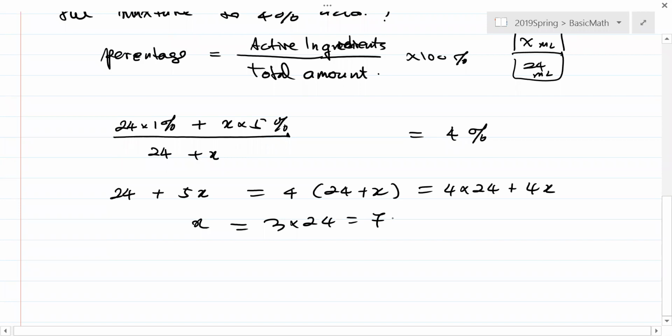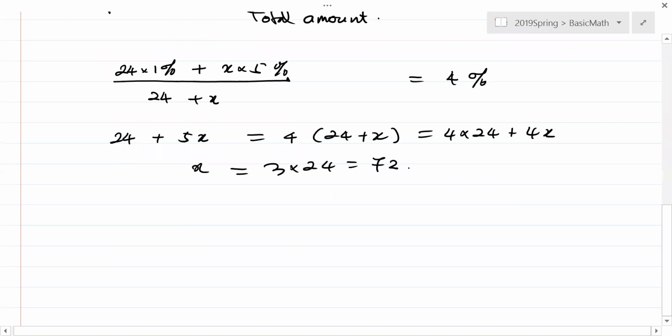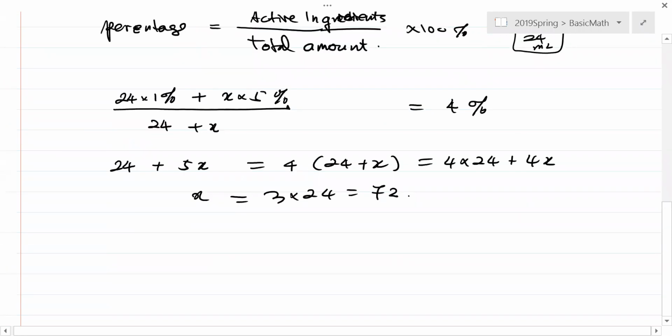So it's 72. So x is 72. 72 milliliters of 5% solution should be added.